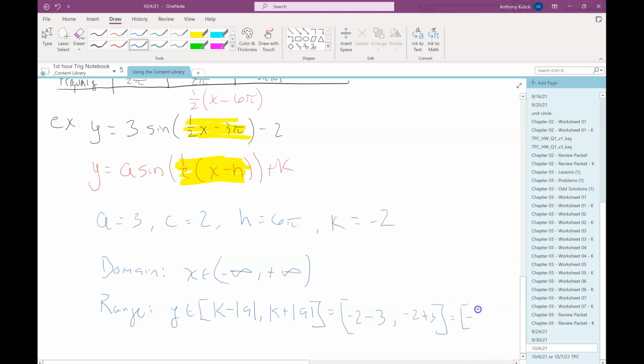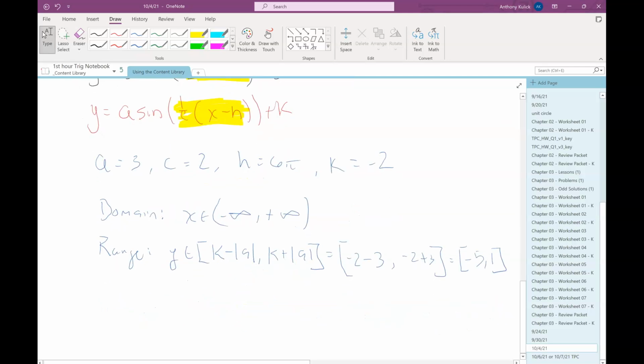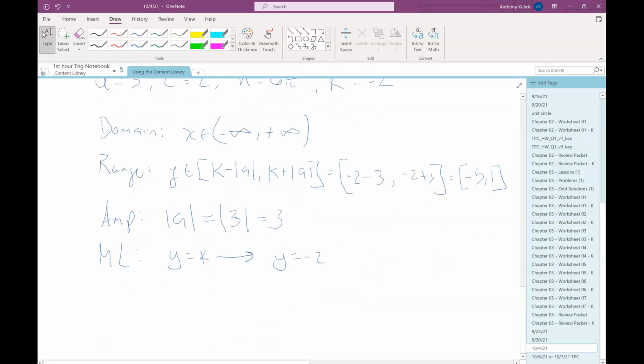So that's going to go from -5 to +1. Everybody okay there? Just plug the stuff into my formula, right? Amplitude, that was just the absolute value of a. So the absolute value of 3 is just 3. The midline was y equals k. So that's going to be y equals -2, since k is -2 in this case. So far, so good, everybody?